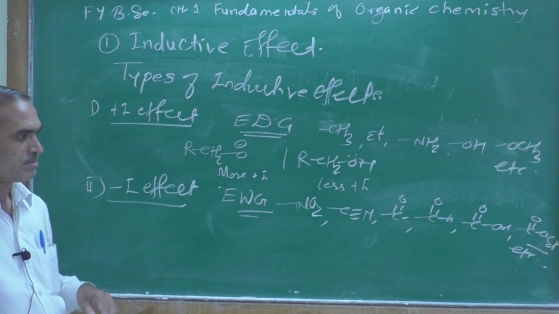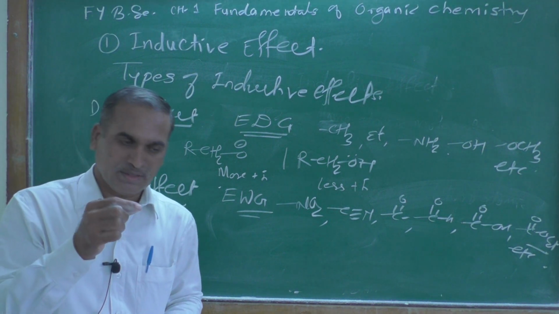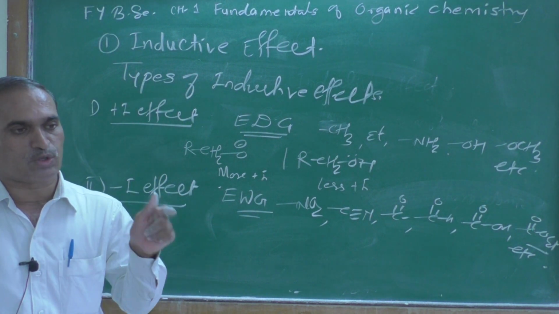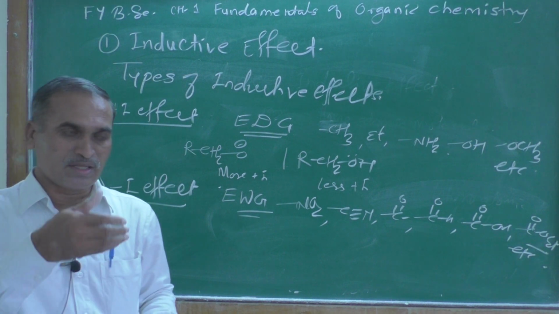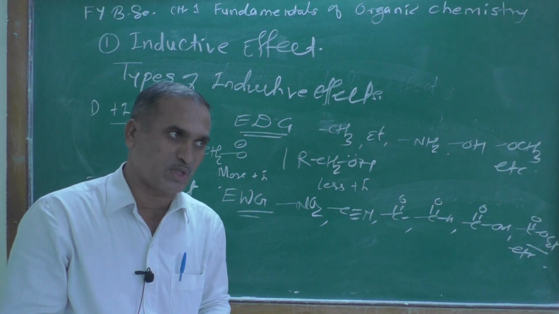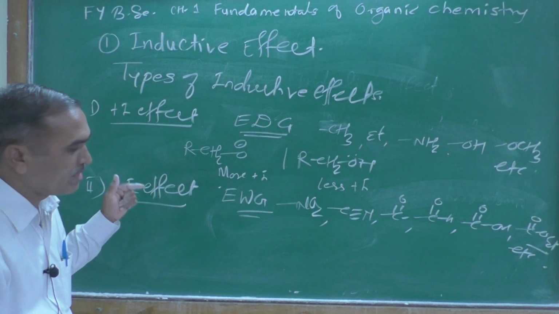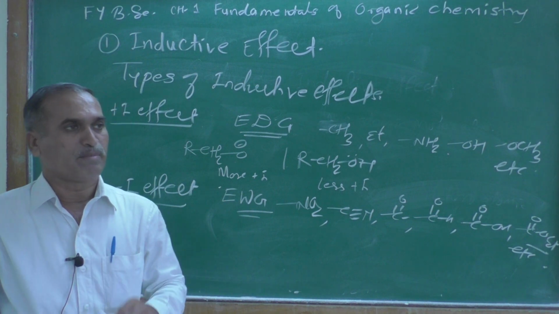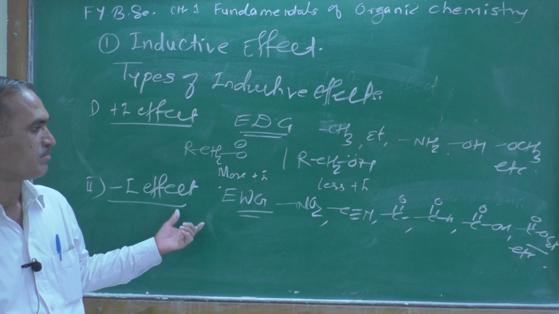In the second point, if the electronegativity of the atom goes on decreasing, the plus I effect goes on increasing, whereas if the electronegativity goes on increasing, the minus I inductive effect goes on increasing.